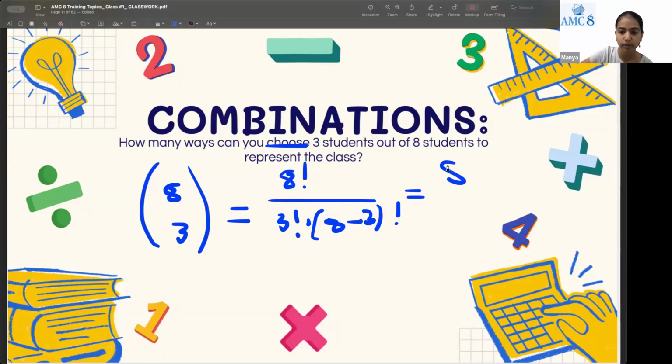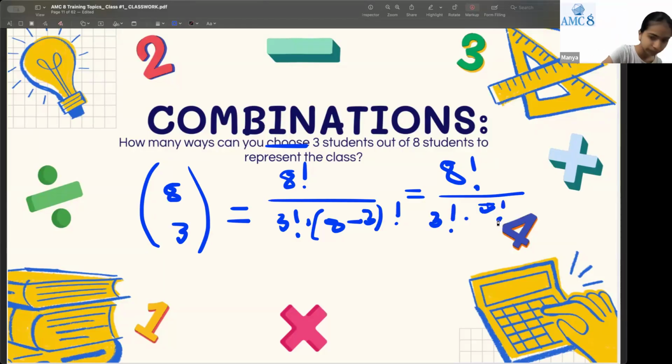On the top, it would be 8 factorial, divided by 3 factorial times (8 minus 3) factorial, which is the same thing as 5 factorial. I'll write it here because we don't have much space there.